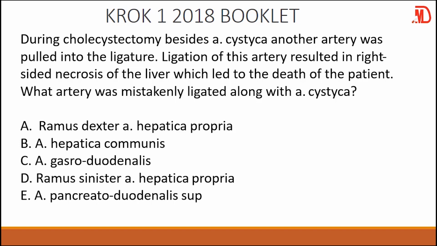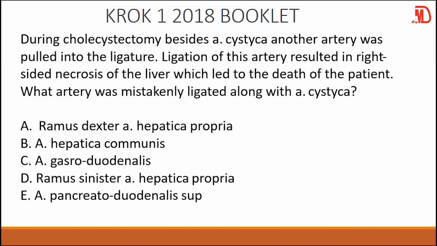During cholecystectomy, besides arteria cystica, another artery was pulled into the ligature. Ligation of this artery resulted in right-sided necrosis of the liver, which led to the death of the patient. What artery was mistakenly ligated along with the cystic artery?